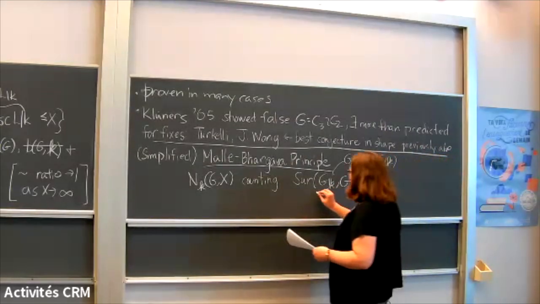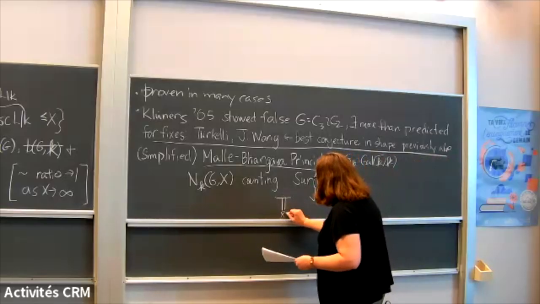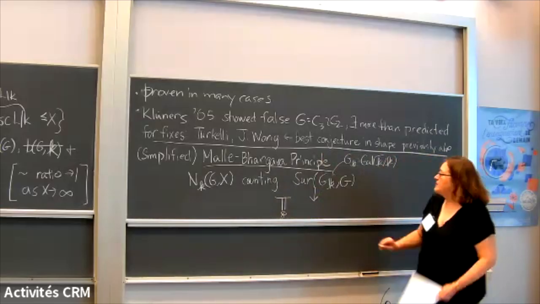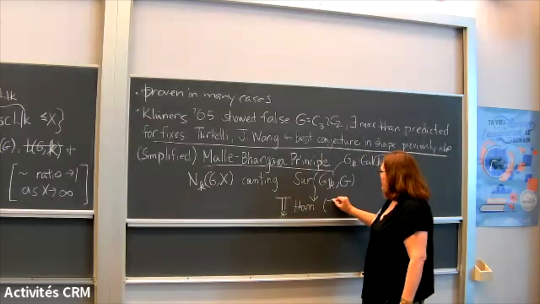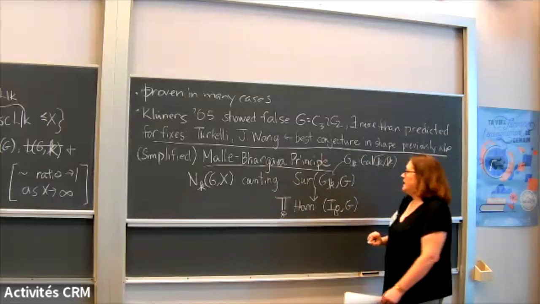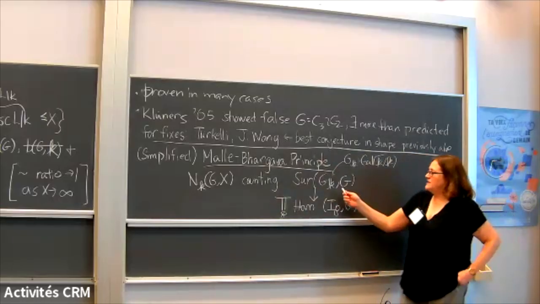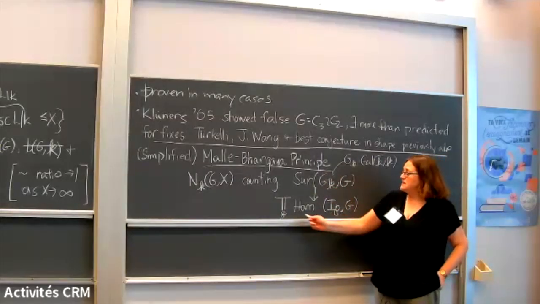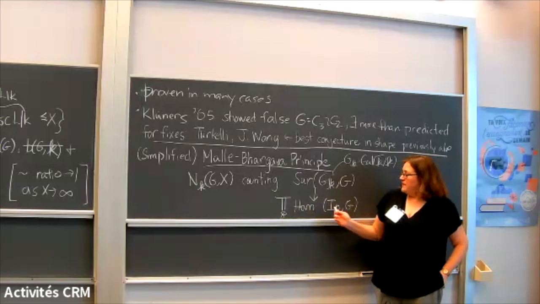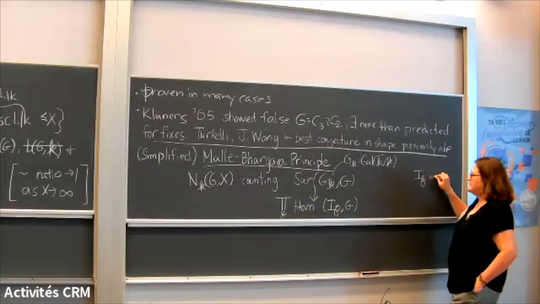In particular, I'm going to think about the restriction to the product over primes of K of homomorphisms from the inertia group at that prime into G. So this absolute Galois group, for every prime of K, has an inertia group. I'm writing that as I_P, inertia group.